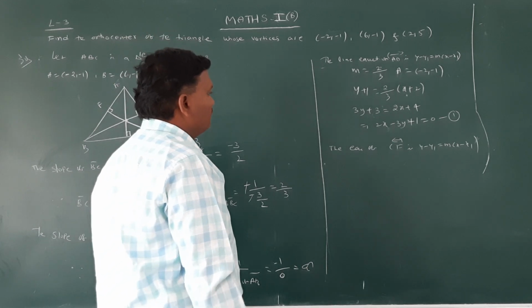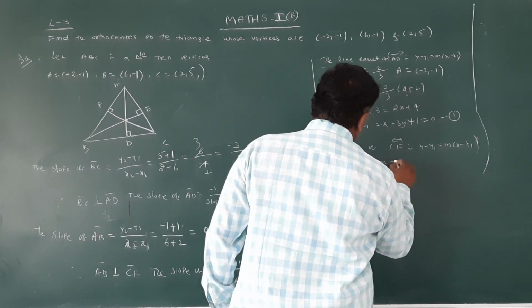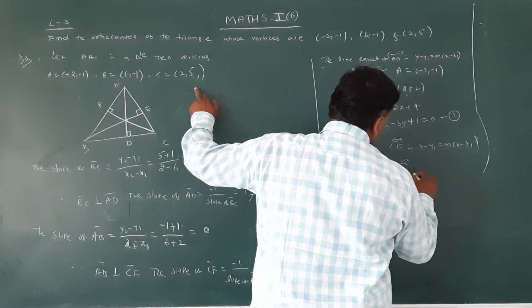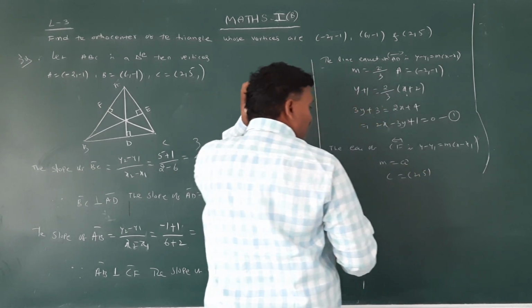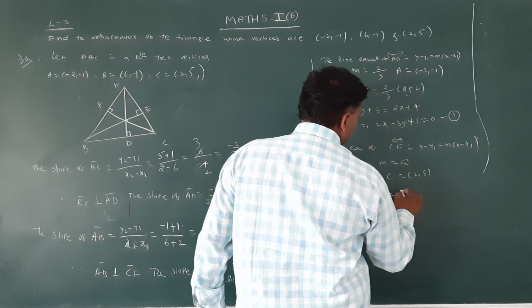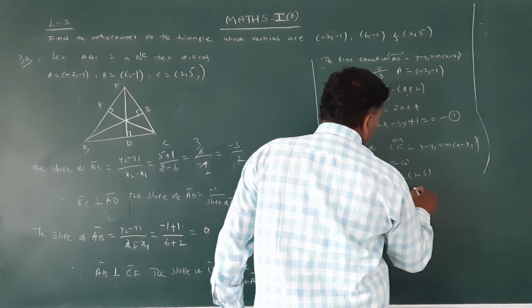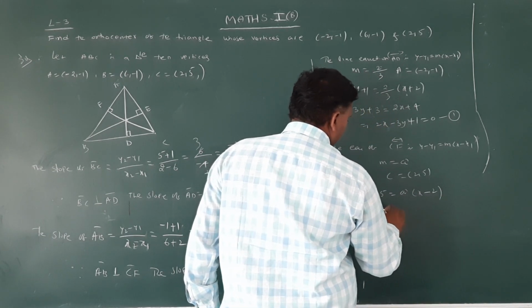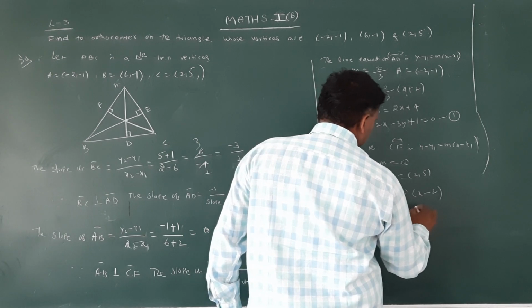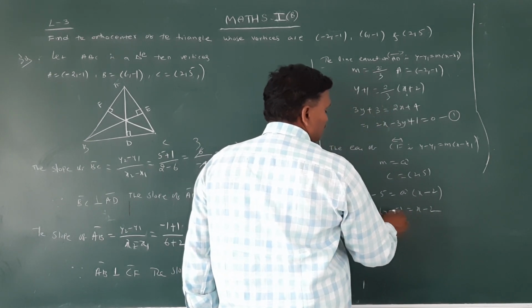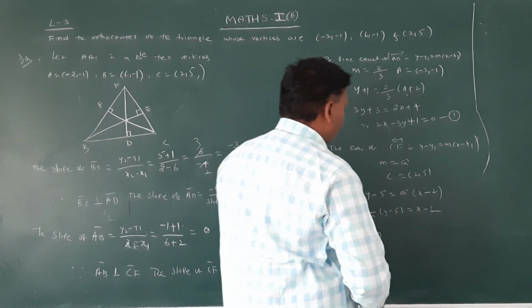The equation of CF. What is the slope? M is equal to infinity. Point C is equal to (2, 5). Y minus 5 is equal to infinity into x minus 2. 1 by infinity into y minus 5 is equal to x minus 2. 1 by infinity value is 0. 0 into something is 0.